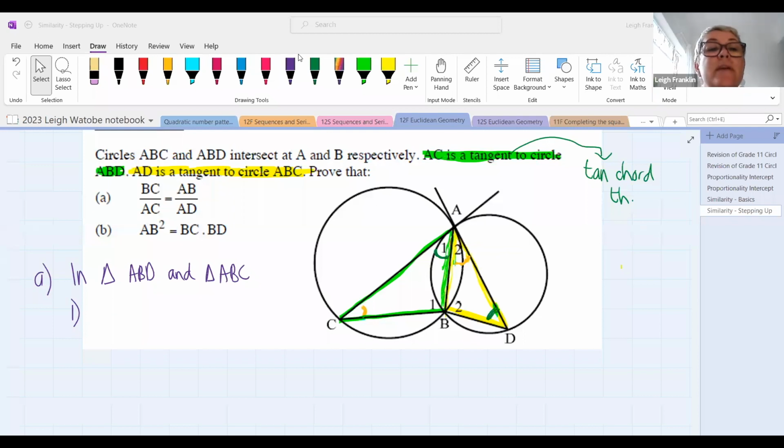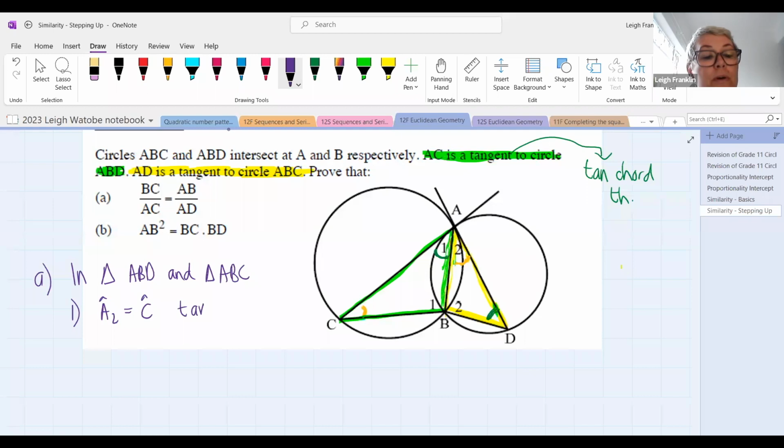Absolutely brilliant. Okay, so let's say we decide to start with A2 and C. And I would say that A2 equals C because of tan chord theorem. Similarly, I would say that angle D is equal to angle A1 because of tan chord theorem.